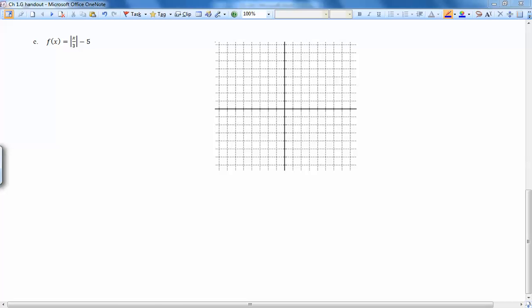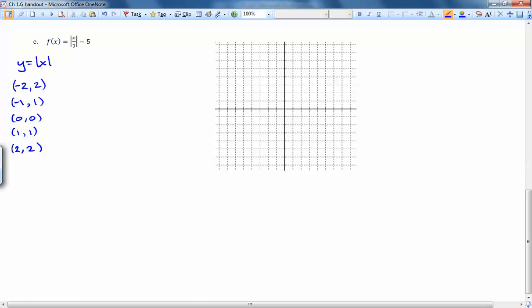Okay, let's look at the last problem on 1G, so 3C. The root function, or the parent function, is absolute value of x. So some common points we could plug in: (-2, 2), (-1, 1), (0, 0), (1, 1), and (2, 2).